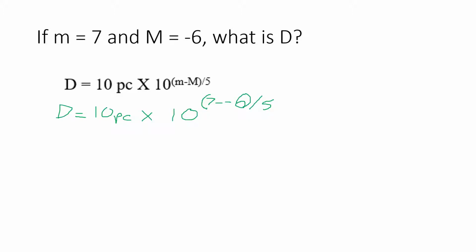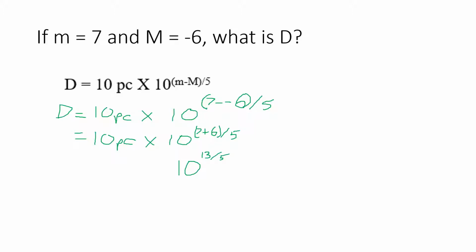What happens when you subtract a negative number? It becomes a positive number. So now we have 10 parsecs times 10 to the power of 7 minus -6, which is 7 plus 6, that whole exponent divided by 5. So we're going to have 10 to the 13 over 5.